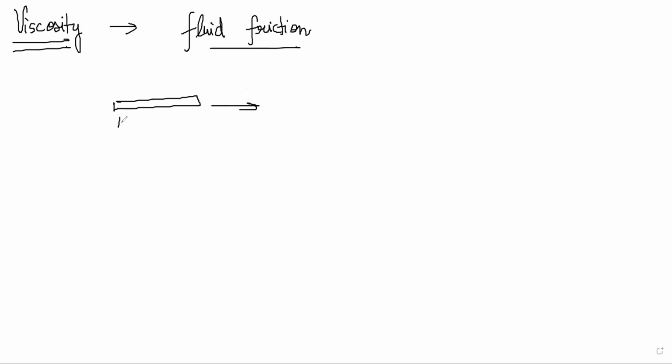So what is viscosity? Viscosity is basically fluid friction. When a layer of liquid is moving across another layer of liquid, there is friction between these layers. He has shown this figure 14.27, which is relevant.